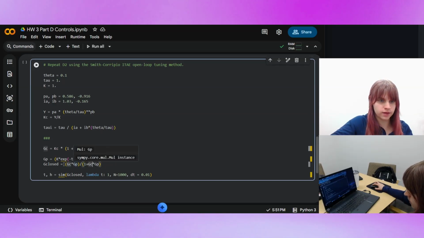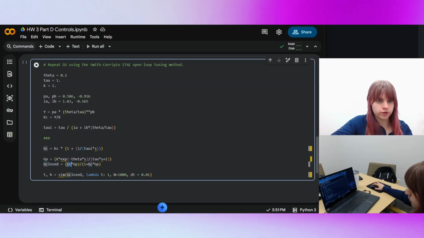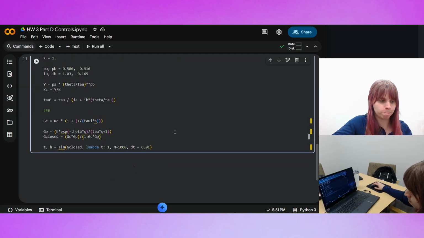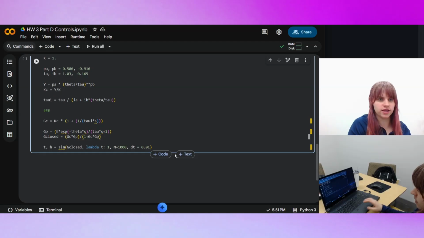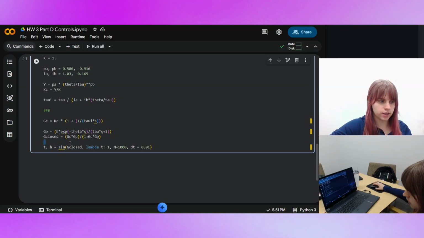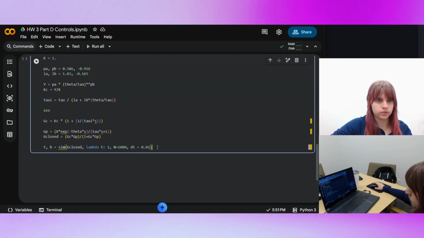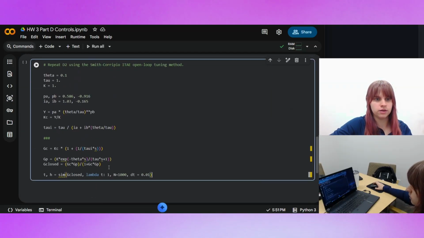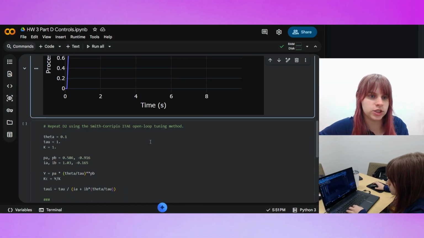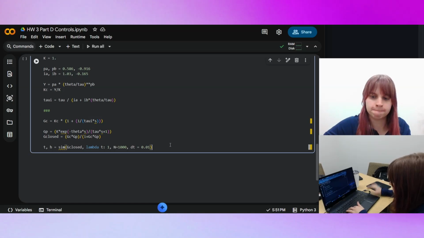That looks okay. And then our closed loop is GC times GP divided by 1 plus GC times GP, so that looks good as well. And we don't need to change any of that. That's the same from the previous portion. And for this right here, I think most of it is going to be exactly the same. We just calculated our other values differently, so I should be able to plot this the same way.